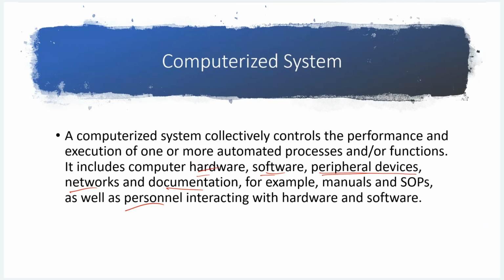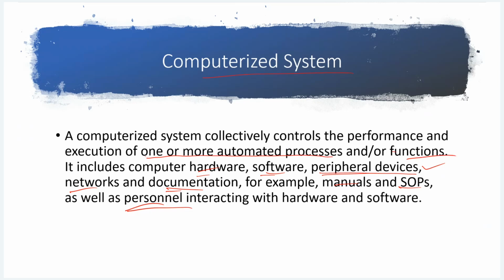Plus documents like SOPs. Running the equipment and running the system also require SOPs. That SOP is also part of the computerized system, as well as whoever operates the system. So a computerized system includes everything associated with your computer systems. All those components combined together perform one or more automated processes or functions, and that is called a computerized system.